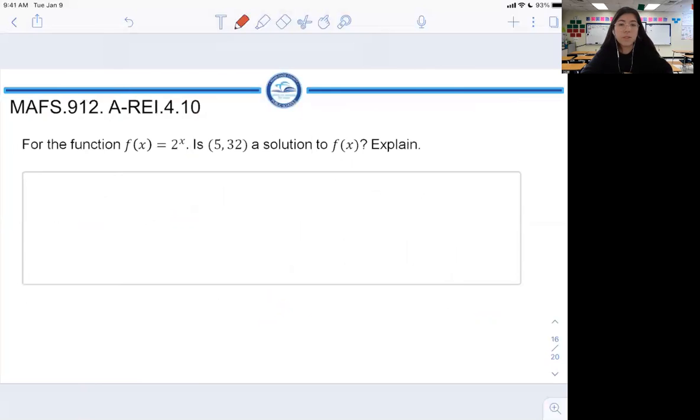All right, so now for the function f of x equals 2 to the power of x, is (5, 32) a solution? So this is very similar, but my function is no longer linear. What type of function do I have here?